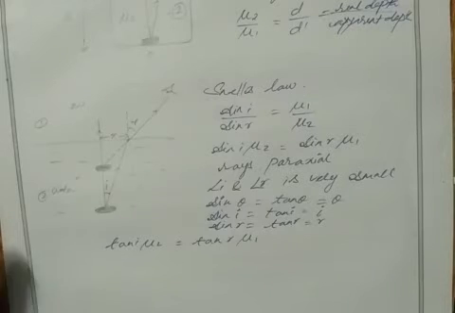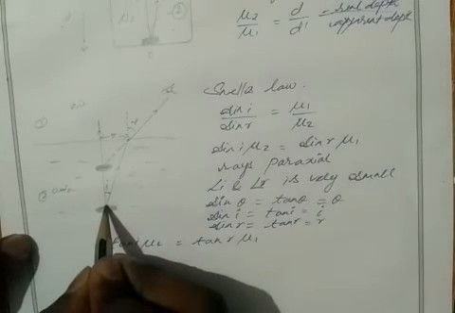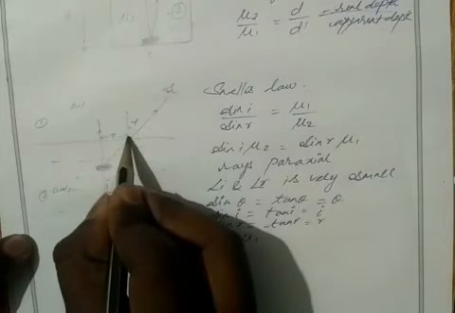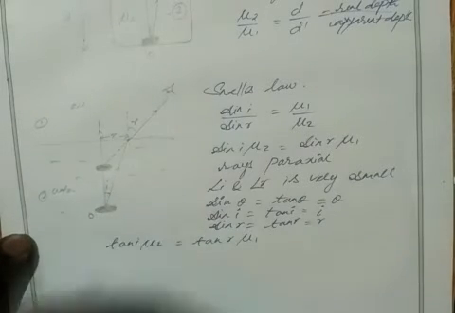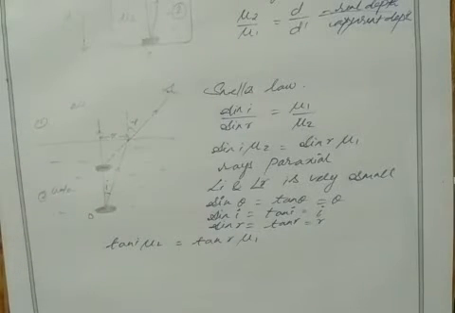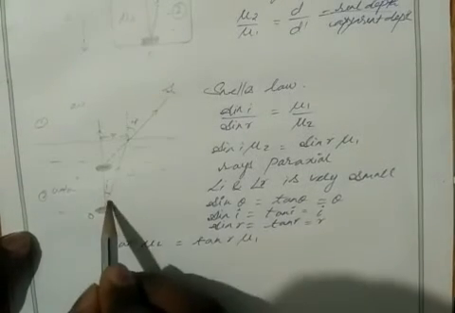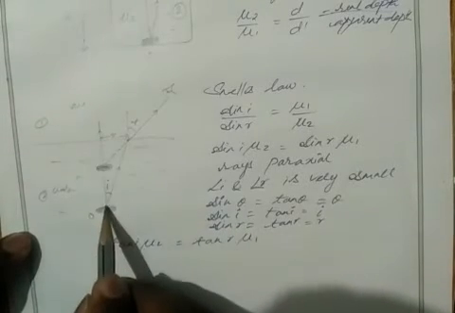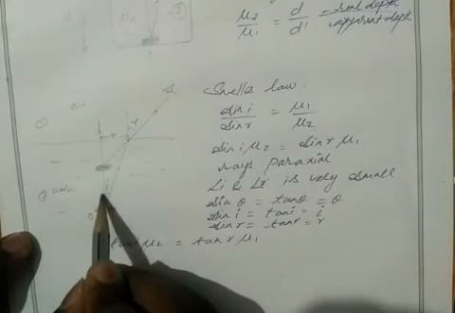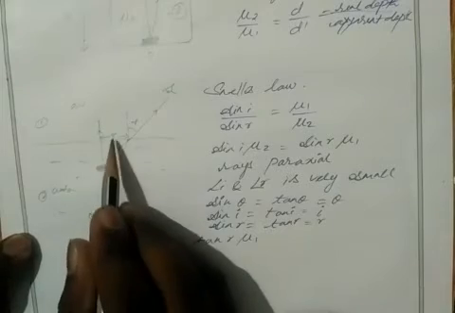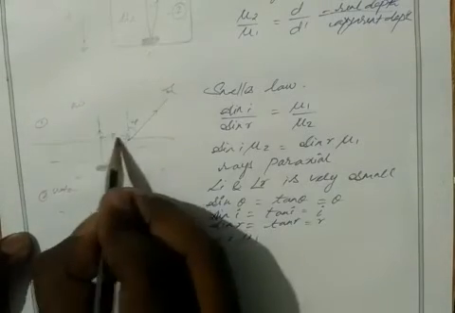For the first triangle, the object triangle, I apply tan theta. This is our theta. Tan theta is opposite by adjacent, right? Opposite is x.